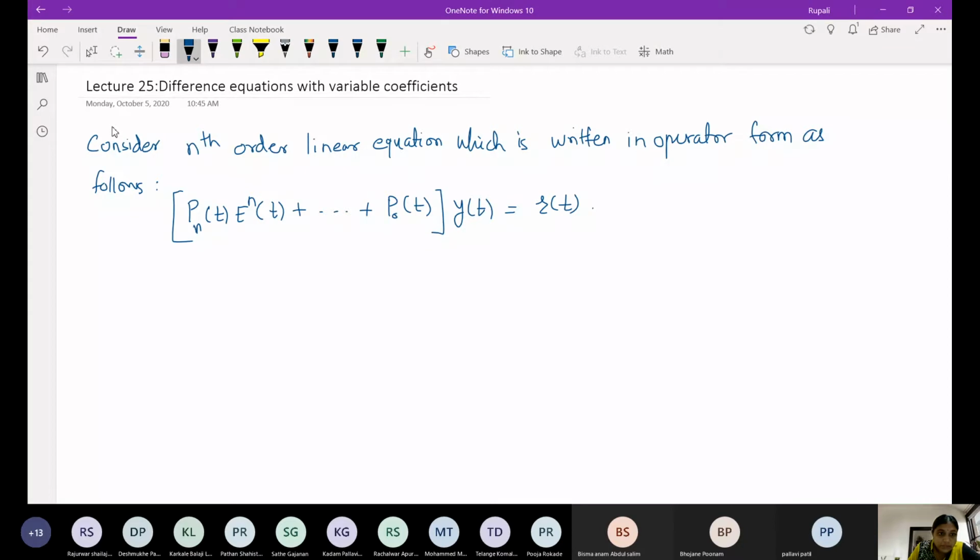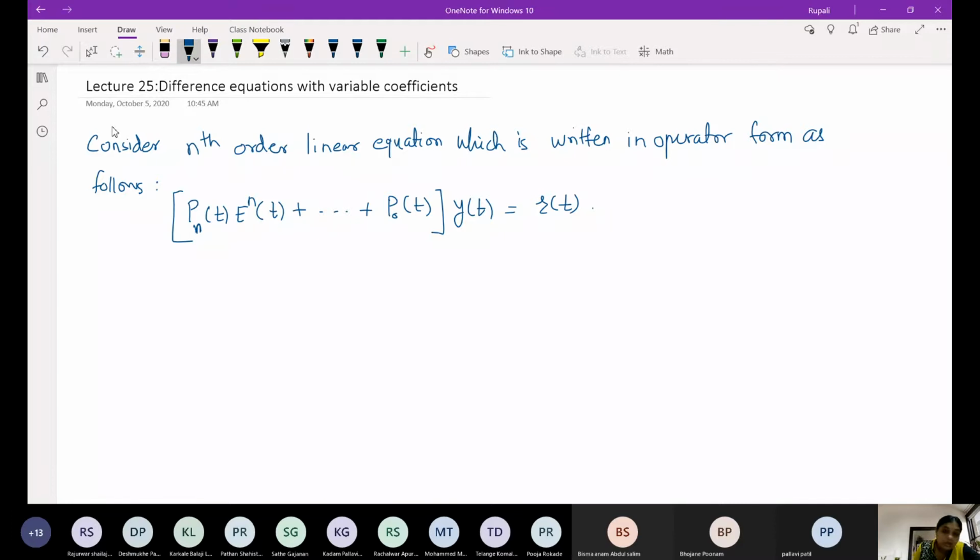Earlier we have seen equations with constant coefficients. Now they may be any functions of t, that is, variable coefficients. So consider an nth order linear equation with variable coefficients where P_n(t) and P_0(t) are non-zero.